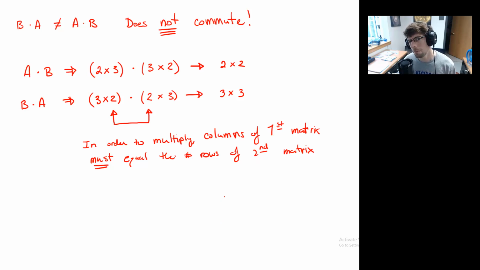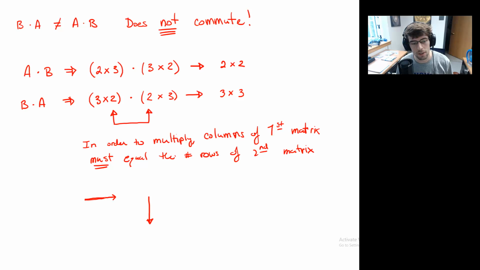And that should make some sense when we think about how we performed the multiplication procedure. Remember, we went across a row of the first matrix, in other words we counted up the number of columns, and we went down the rows of the second.